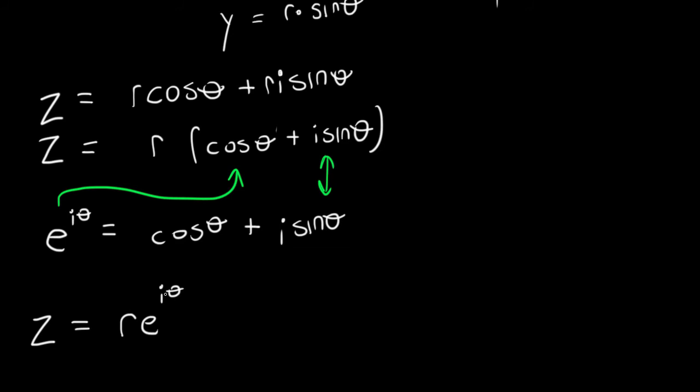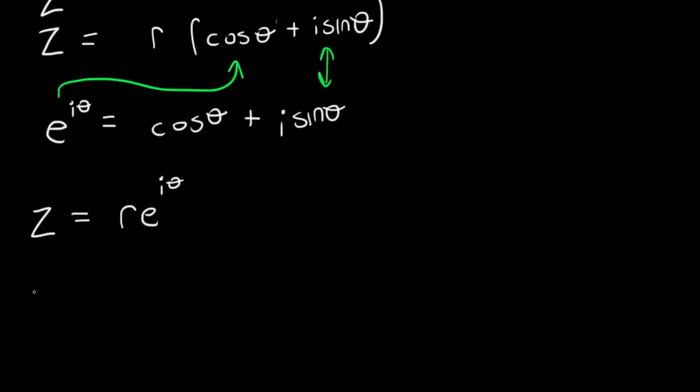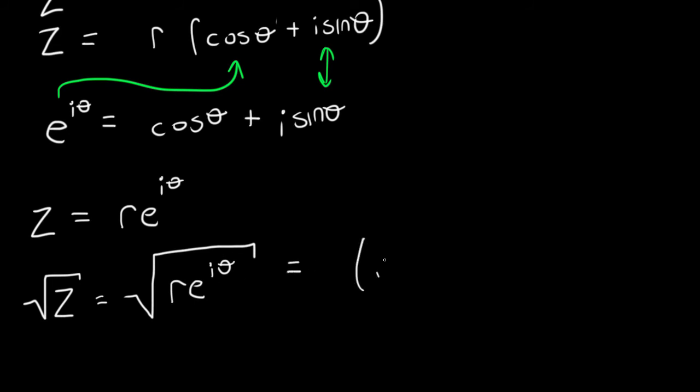Now, if we were to want to raise z to something, say the square root of our complex number, this is where having this form is going to come into play. We would be able to calculate this a lot easier. We have r e raised to i times the angle, which is the same thing as having this whole term raised to the power of 1/2.